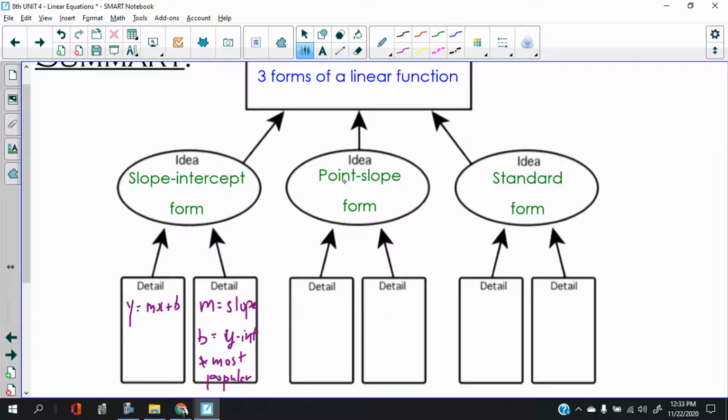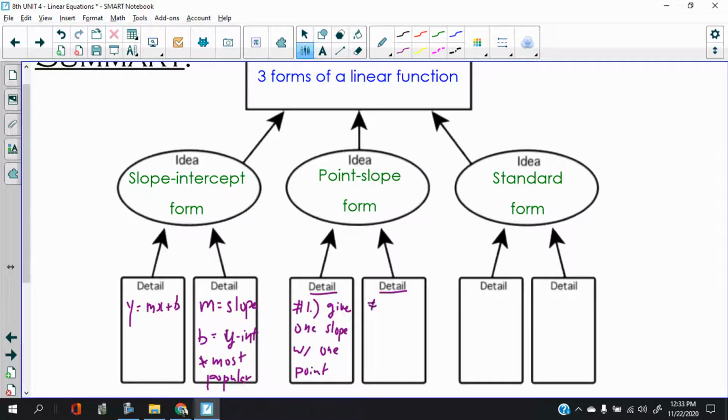Now, point-slope form, what do you need to know? There is a formula, but we're not doing that in 8th grade per se. The point-slope form is, if I give you one point, actually there are two ways of doing this. Number one, I give you one slope with one point.